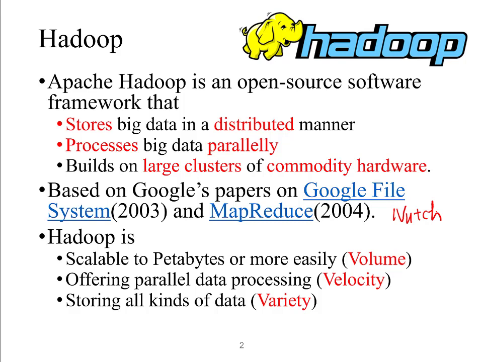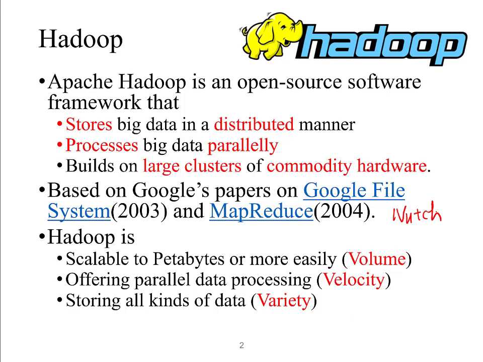So Hadoop, the name comes from Doug Cutting's son's toy elephant. So that's why the icon is a cute elephant here. And it was pointed out that unlike Google's technology of GFS, which is not open sourced, Hadoop is a fully open sourced project.